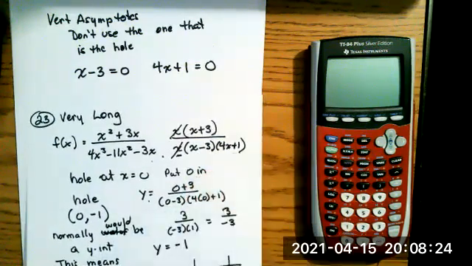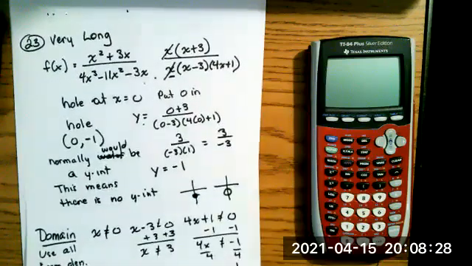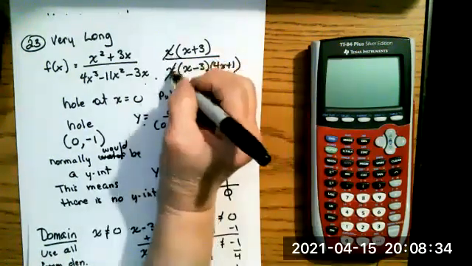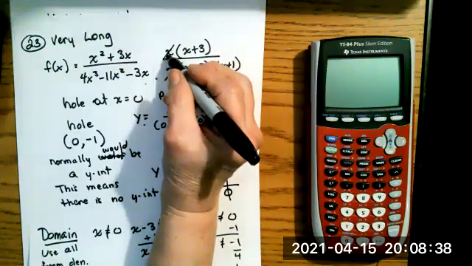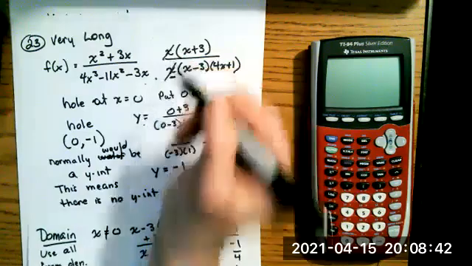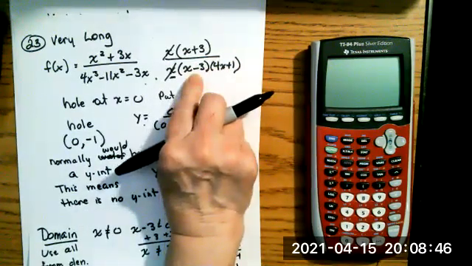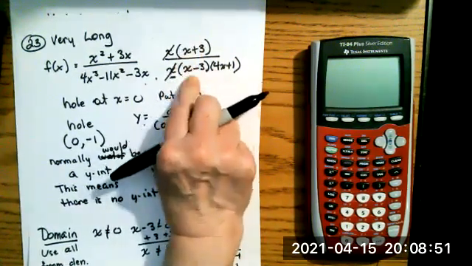I'm trying to figure out the hole. So the hole is at x equals 0, because it's outside of the parentheses, is that? No, it's because it canceled. If it has a factor in the top that it can cancel into, that makes a hole. If this had had an x plus 3 here, I would have canceled these and it would have had 2 holes.